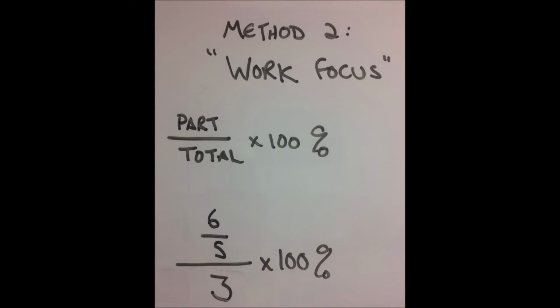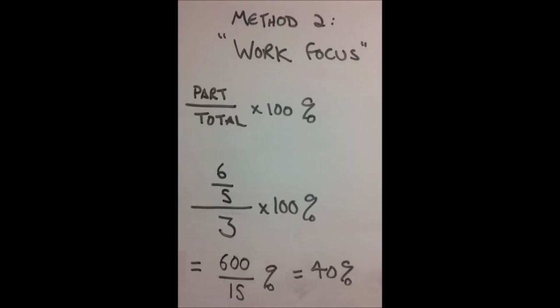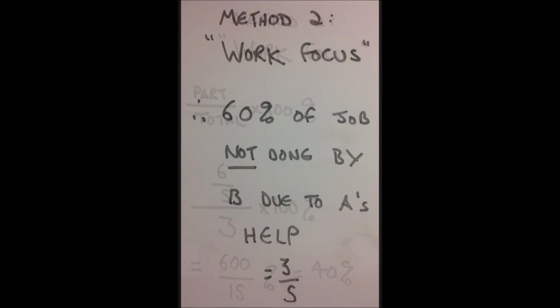Now this ratio gives us 6 over 5 divided by 3 times 100%, which works out at 40%. Why this method works is because we can now subtract that from the total work that would have been done had machine B been working by itself, because obviously machine B has now done less work.